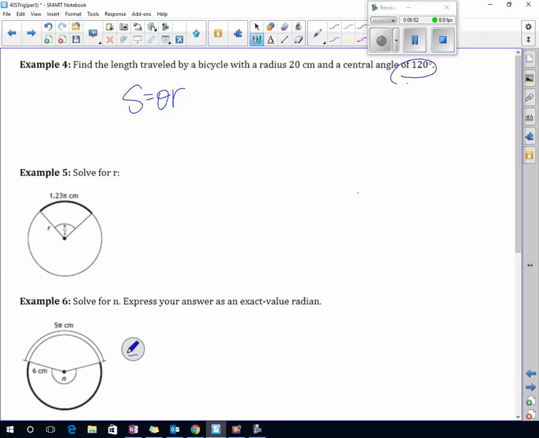So the 0 and degrees cancel. 6 goes into both of them 2 and 3 times. So this would be 2 pi over 3. Okay, so then I'll punch her in. 2 times... 2.8879 centimeters. Everybody get that?